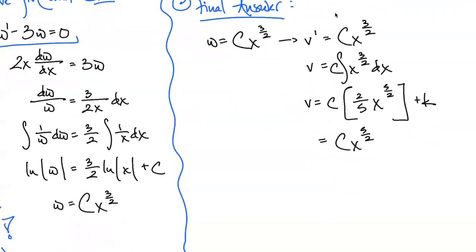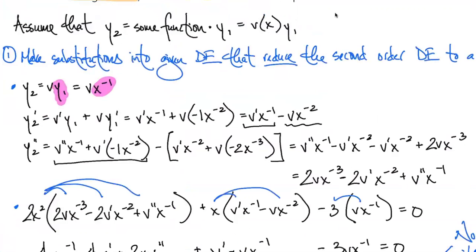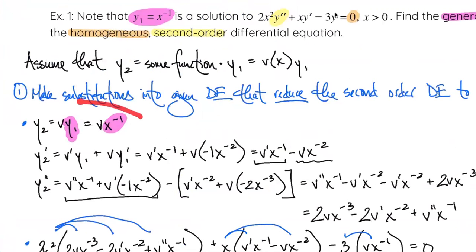So we're almost there. We have v equals something, but we don't want v, we want y2. Let's go back up for a moment, because our very first line helps us find our y2. So y2 equals v times x to the negative 1.